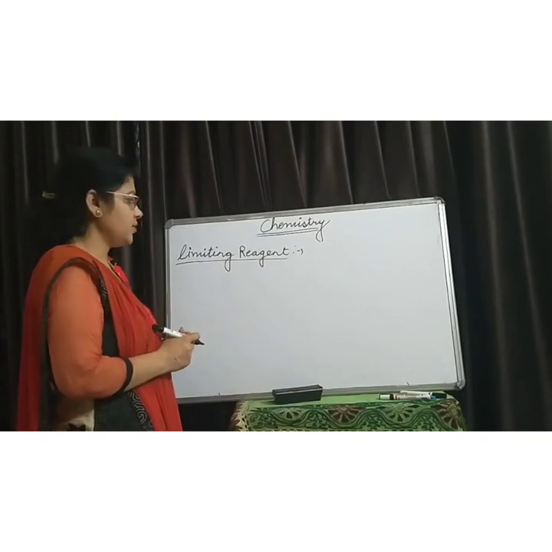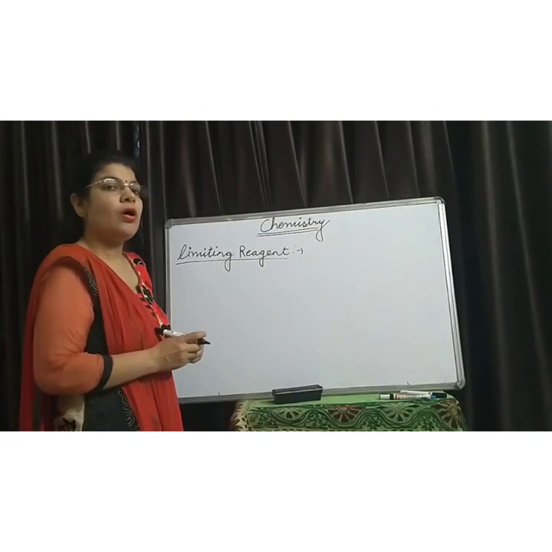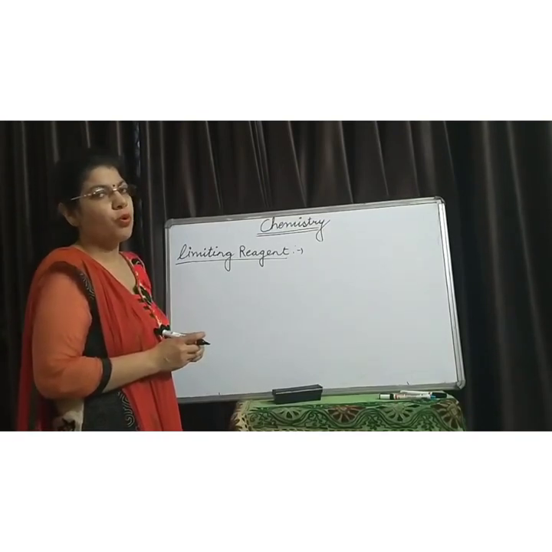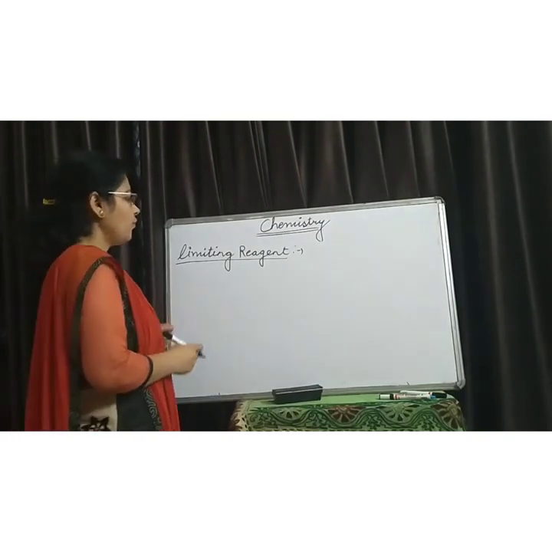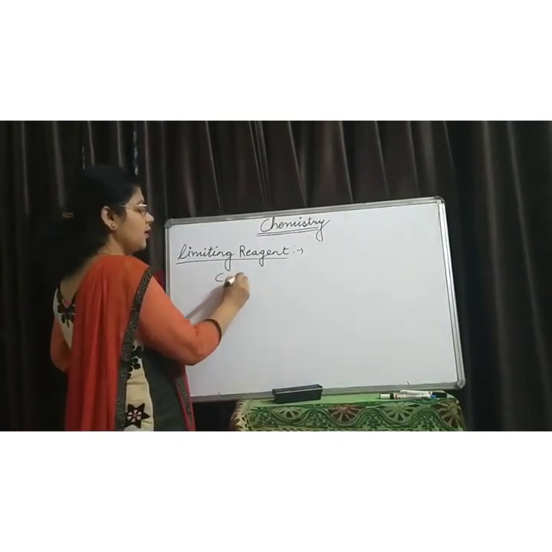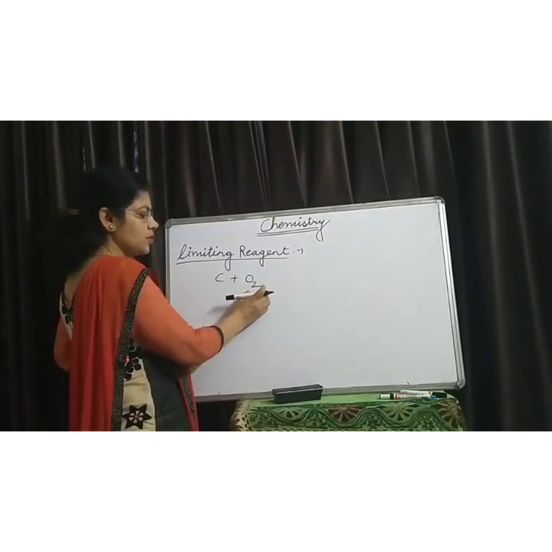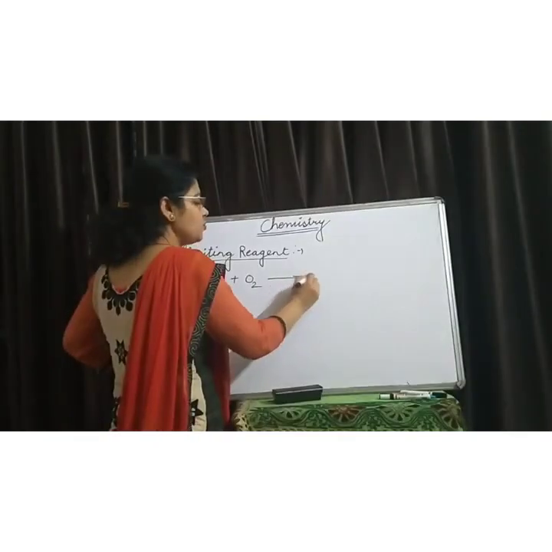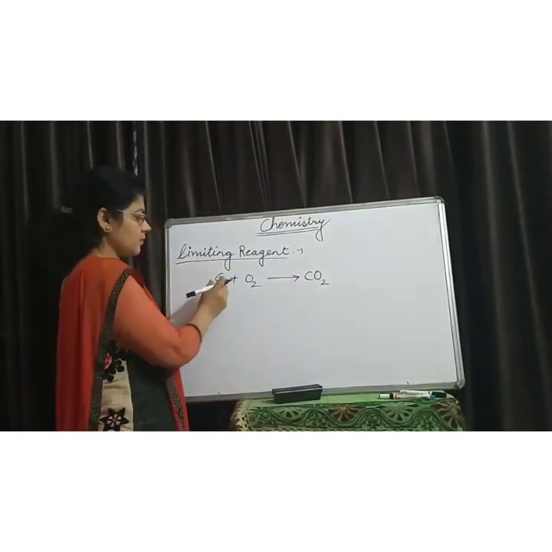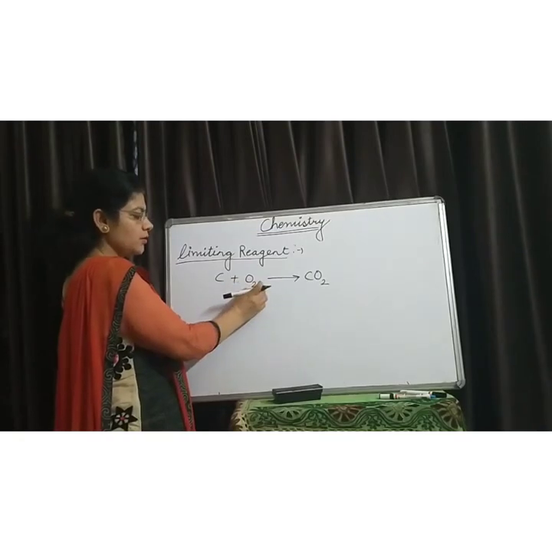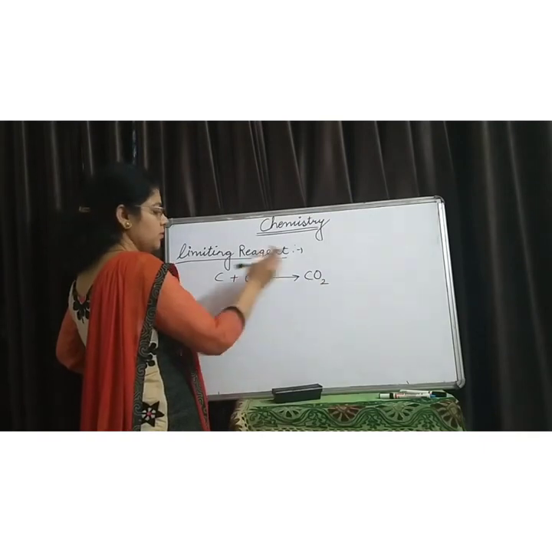A limiting reagent is defined as a substance or a chemical which is provided in minimum quantity. For example, in a chemical reaction in which carbon and oxygen combine together to form carbon dioxide, carbon and oxygen are reactants and carbon dioxide is a product.